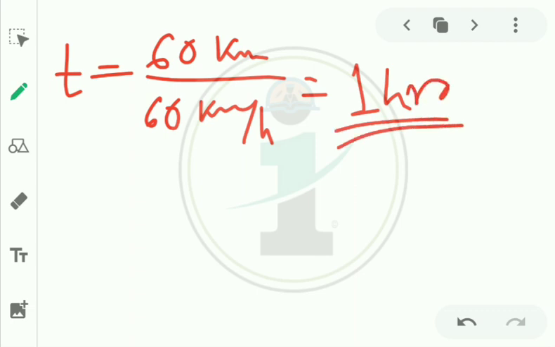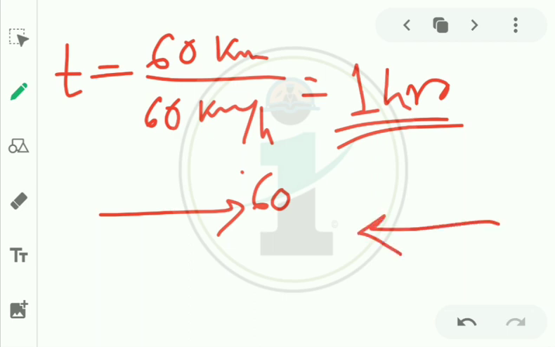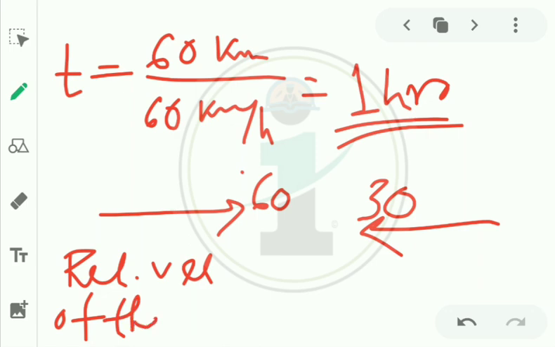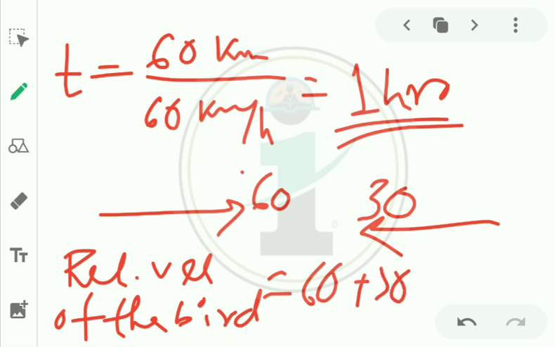Now let us talk about the bird's motion. As the bird can move with a velocity 60 km per hour and one train moves with 30 km per hour, the relative velocity of the bird is 60 plus 30, which will give us 90 km per hour.